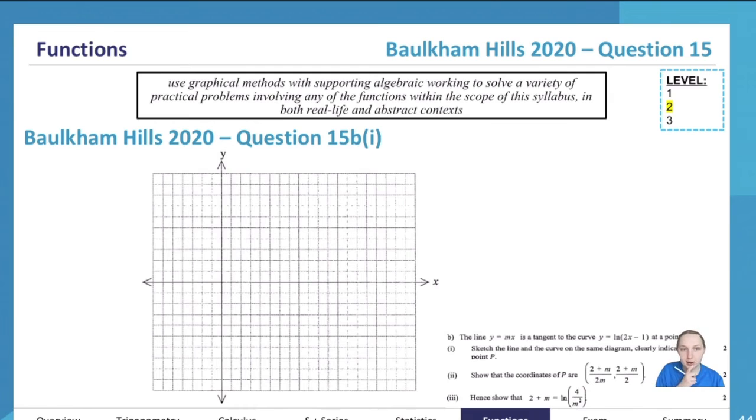So we're thinking about ln 2x minus 1. Going to sort of go through, let's just say this here is going to be the point 1. Then we're going to graph our curve, let's say goes like that there. So then label it y equals ln 2x minus 1.